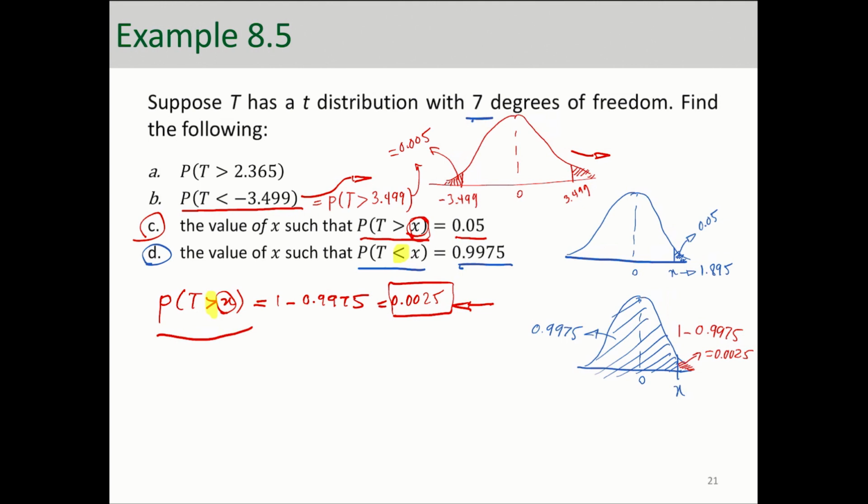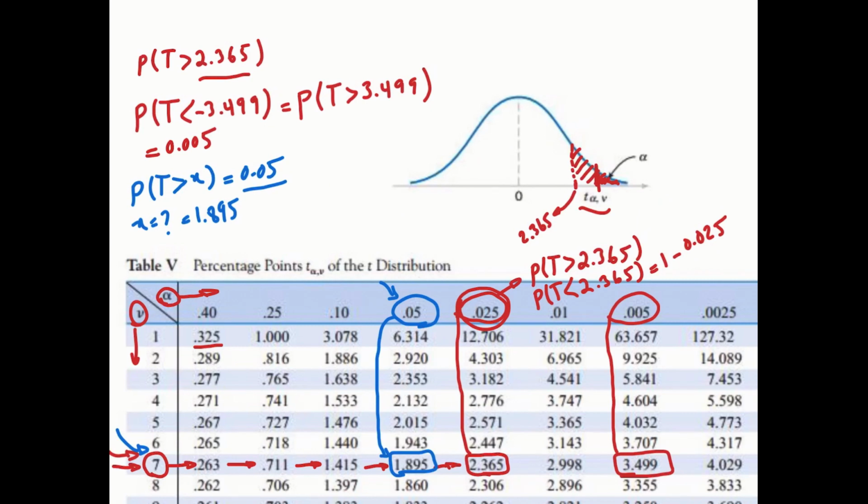Okay, this time we're looking for probability of t greater than x equal to 0.0025. That's what we found. Now, you have to find this in the first row. This is the column right here.